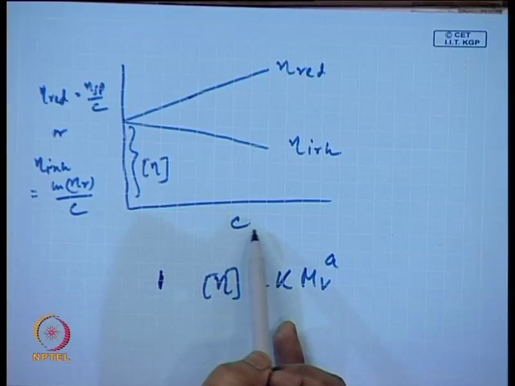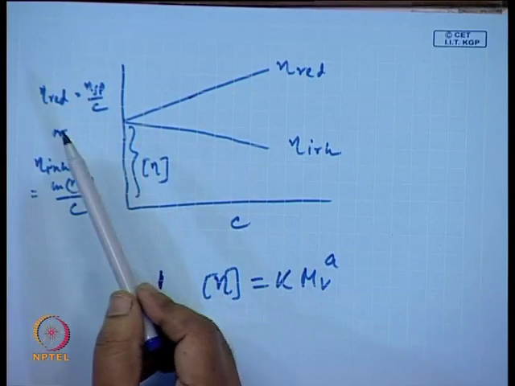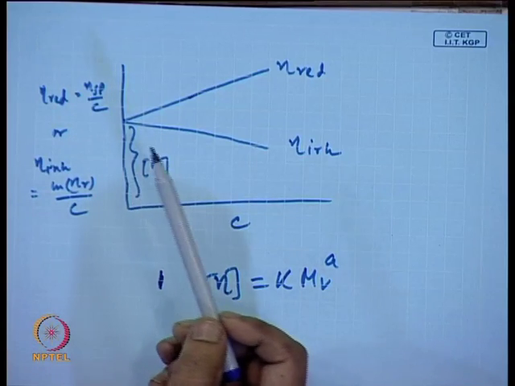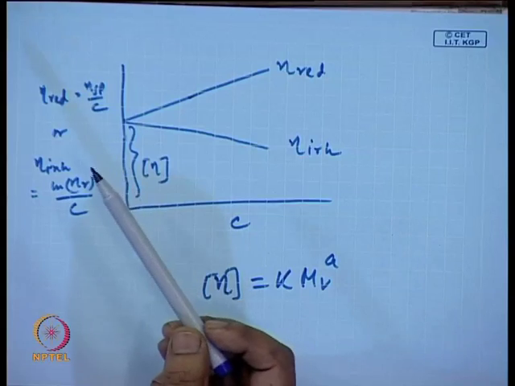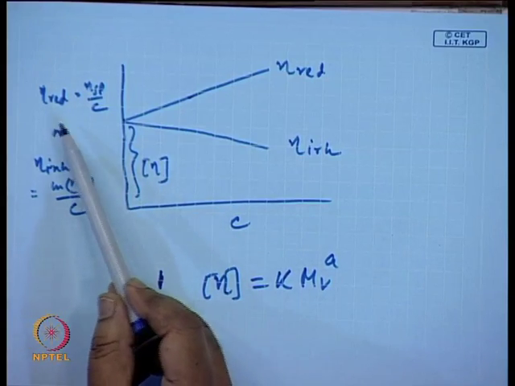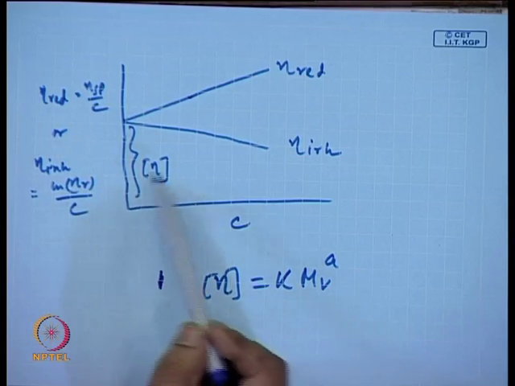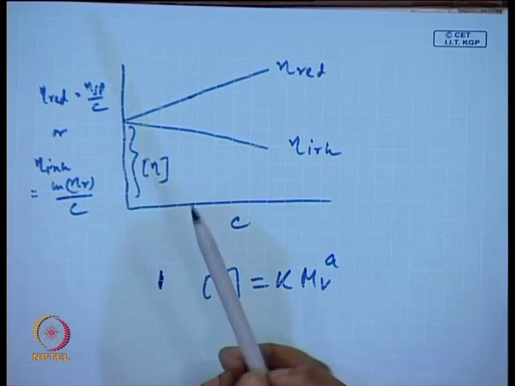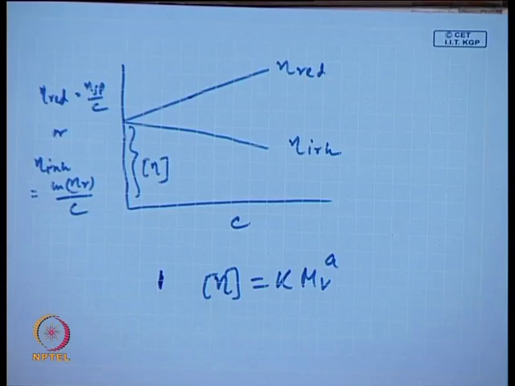You can make solutions of different concentration and measure the viscosity of the solvent and the viscosity of the solution, and from these you get the relative viscosity, then the specific viscosity, and from there you get the reduced viscosity and inherent viscosity. So, these are all in your hand. You can get a viscometer, and typically the viscosity is measured by passing the solvent and the solution through a capillary, where the time is proportional to the viscosity.